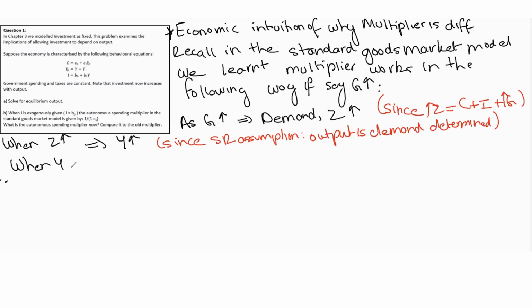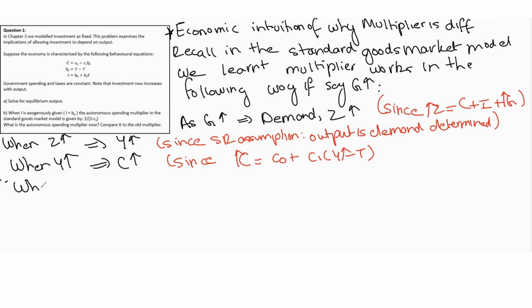Now, when Y increases, that causes C to increase. Why is that? Because in our standard model, the only variable that depended upon Y was C; I did not depend on it. Since C is equal to C naught plus C1 times Y minus T, as Y increases, C increases. Right now I'm just looking at how the multiplier process works.